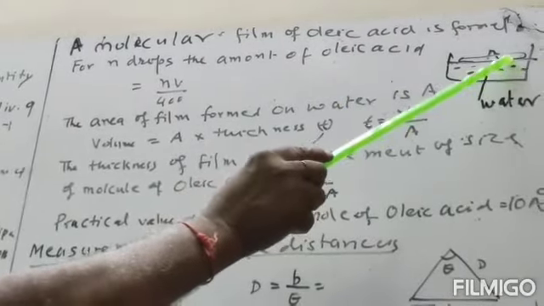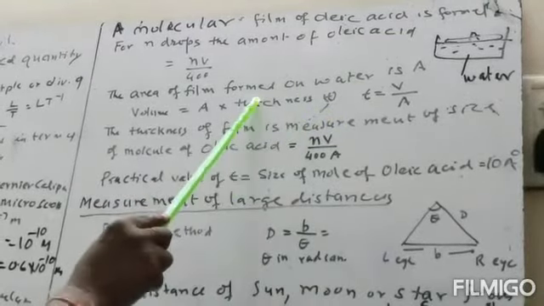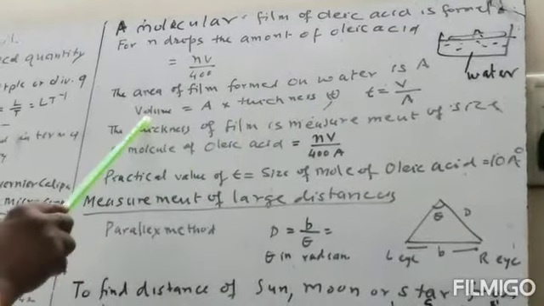If the area of this film of the oleic acid is capital A, then volume will be equal to area multiplied by thickness. Now, we know the area, so thickness can be found out. Thickness T will be equal to volume divided by the area.